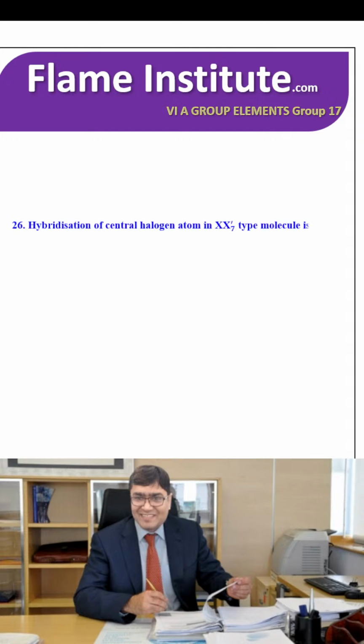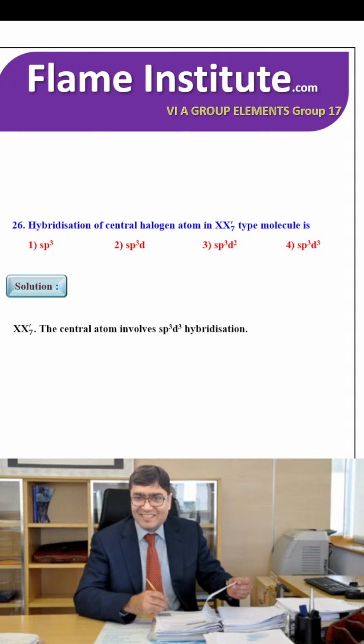Hybridization of the central halogen atom in an XX7 type molecule is sp3, sp3d, sp3d2, or sp3d3. The solution is XX7. The central atom involves sp3d3 hybridization. So the fourth option is the right option.